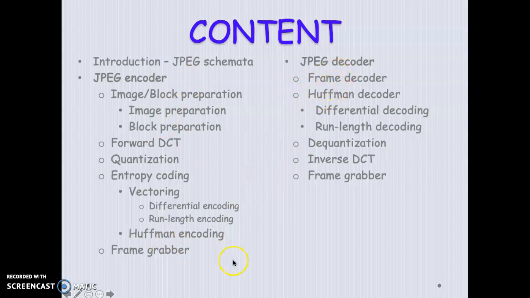You will do the inverse process of the encoder, where from the frame grabber, you will do the Huffman, and then the differential decoding and run length decoding, the same as the vectoring that you did in the encoder. Then you do dequantization and the inverse DCT. Lastly, you will get the output.